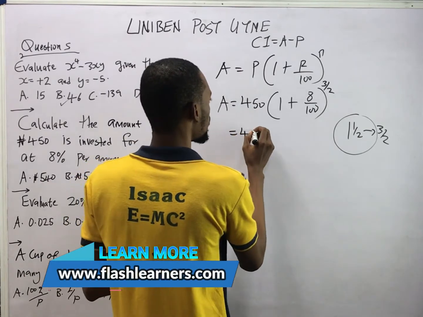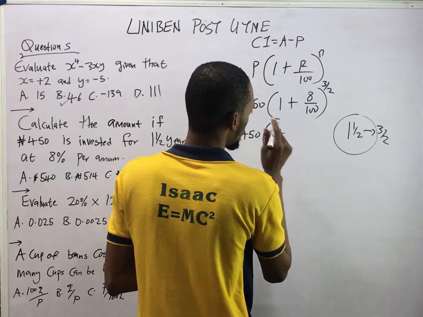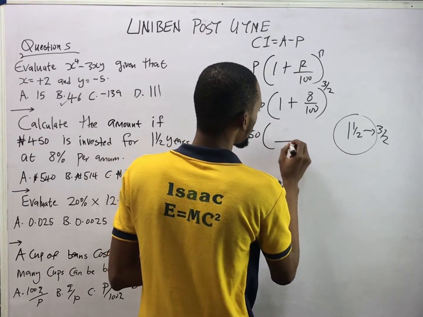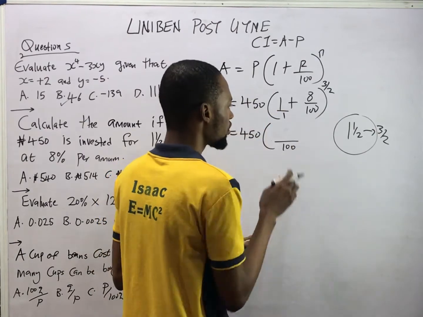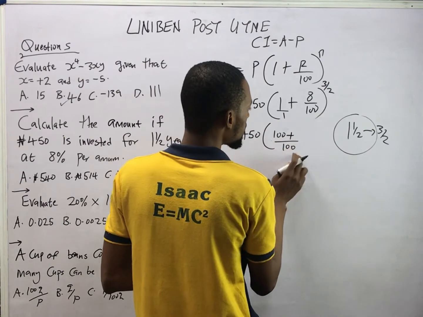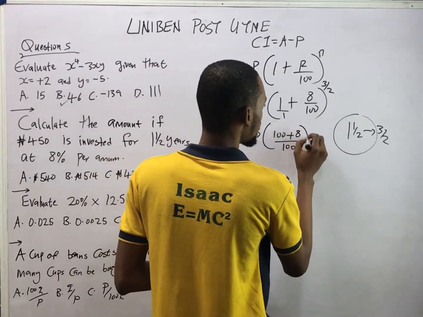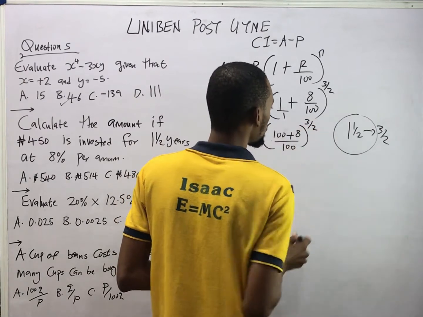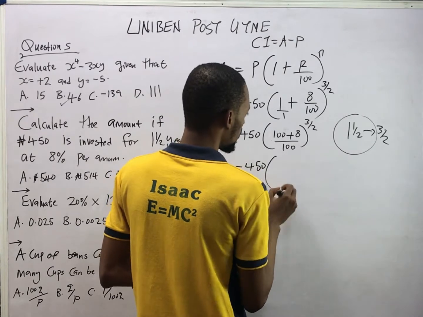So this becomes 450 times 1 plus 8 over 100, all raised to the power of 3 over 2. The LCM is 100. 100 divided by 1 is 100 times 1 is 100, plus 100 divided by 100 is 1, 1 times 8 is 8. So this is 450 times 108 over 100, raised to the power of 3 over 2.